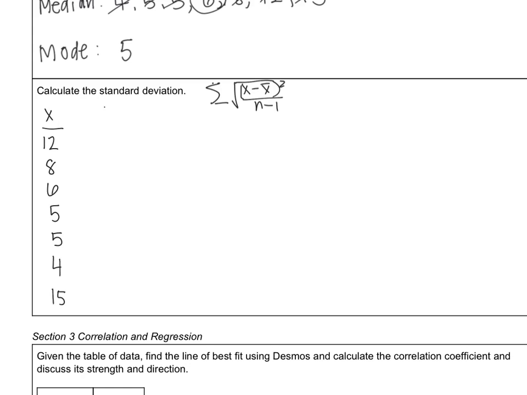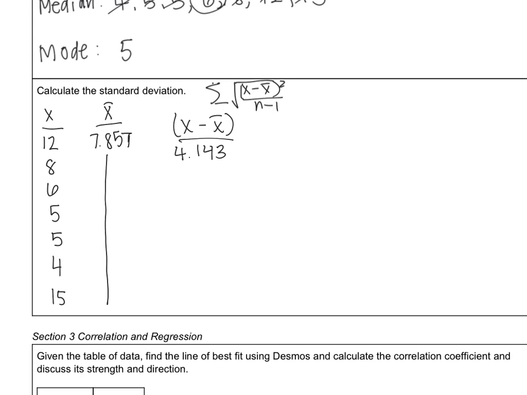Okay. Next, I list the mean, and I usually only list it once because the mean stays the same for every single data point. Next, I'm going to take each value x and subtract the mean from it. So 12 minus 7.857 gives me 4.143.